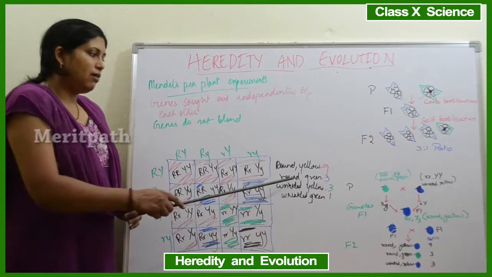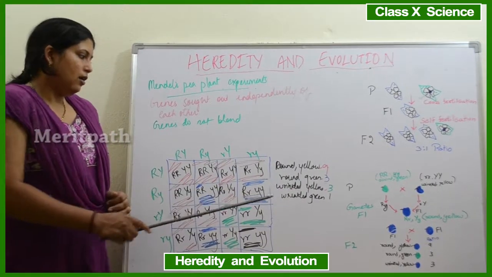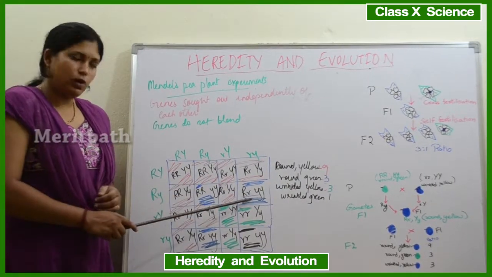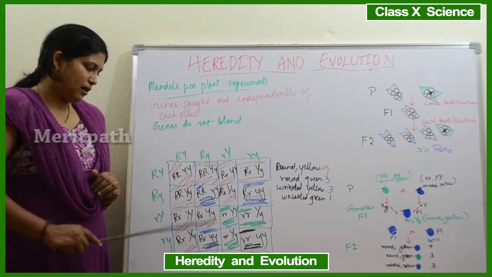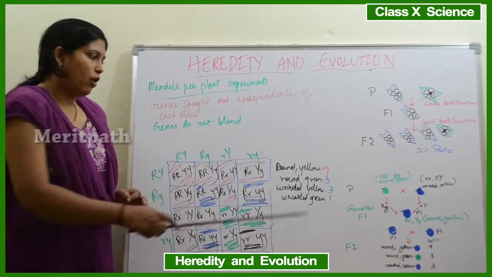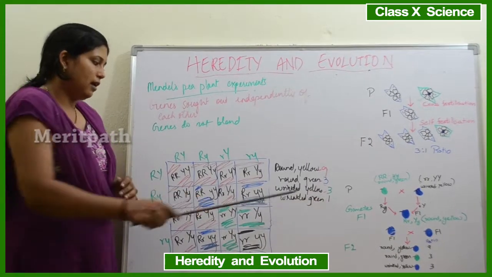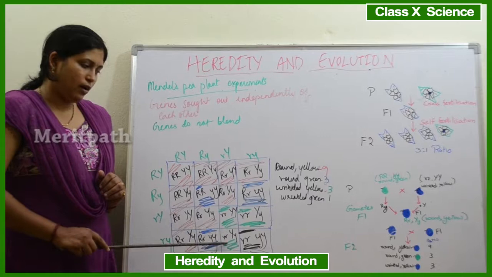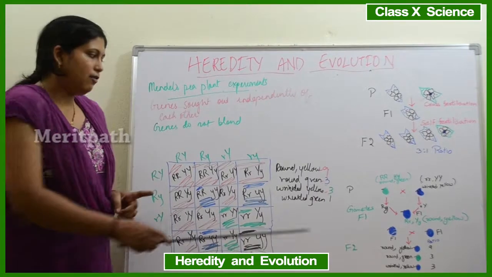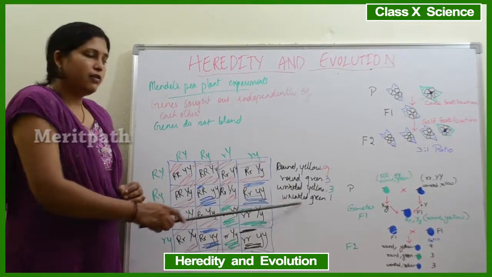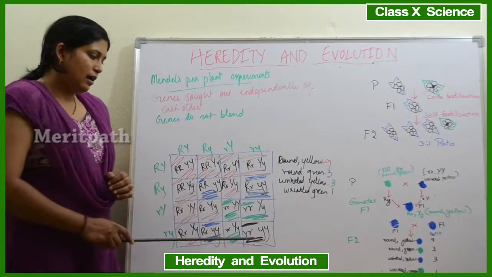Next, 3 were round and green. Round and green is indicated with blue color here. Next, the 3 we have got are wrinkled and yellow. It is indicated by green color. And last, the one we have got is the recessive trait, wrinkled and green.